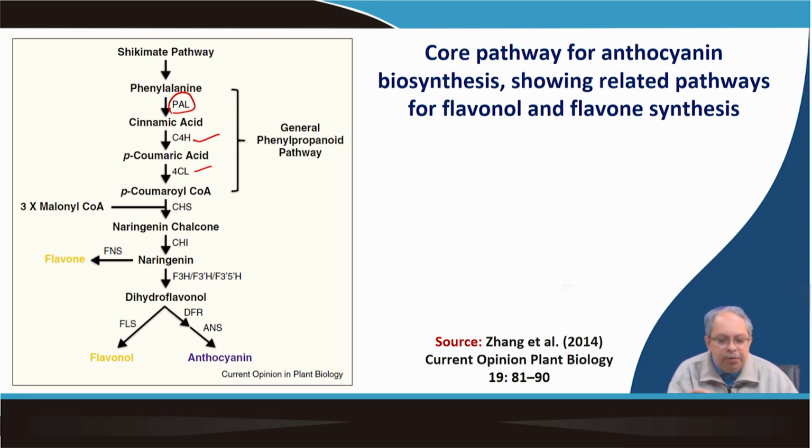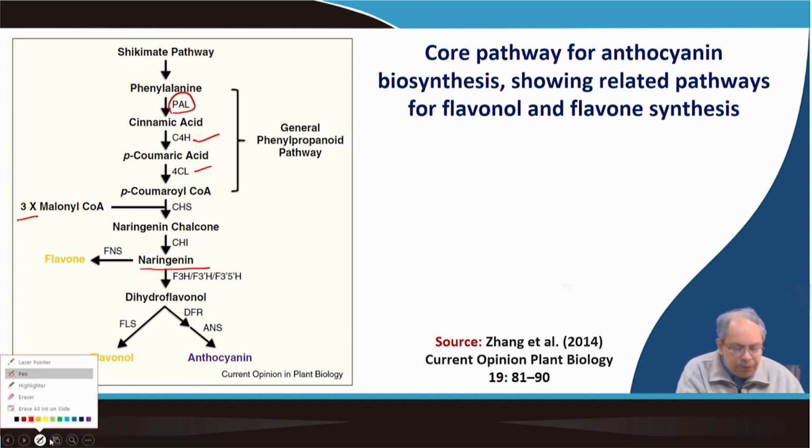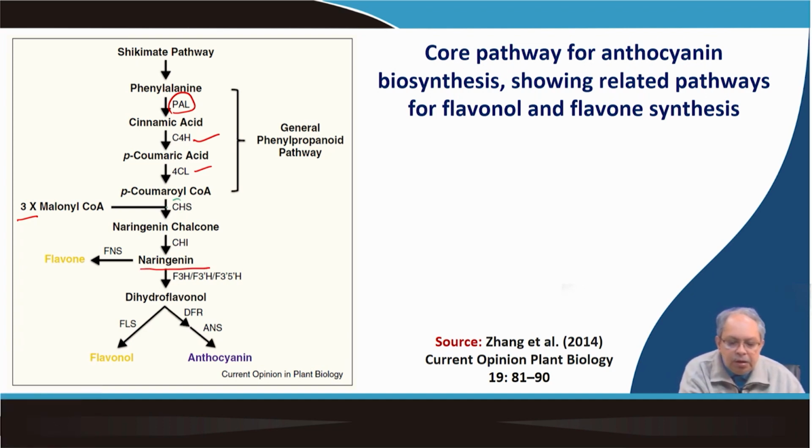So, that is more active, and that joins with 3 molecules of malonyl CoA and makes the chalcone, which is also called naringenin chalcone, because in the next step, through isomerization, it makes naringenin. The enzymes responsible for this are chalcone synthase, and next is chalcone isomerase.